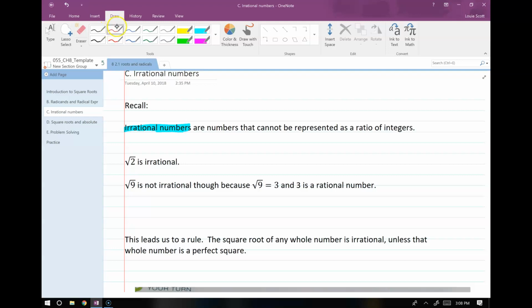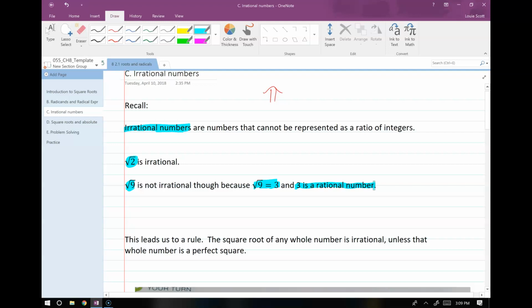Things like pi, that's a very famous irrational number. There's no way to represent pi as a fraction of integers, so that one's irrational. When it comes to square roots, the square root of 2 is irrational. The square root of 9, however, is not irrational because the square root of 9 equals 3, and 3 is a rational number.